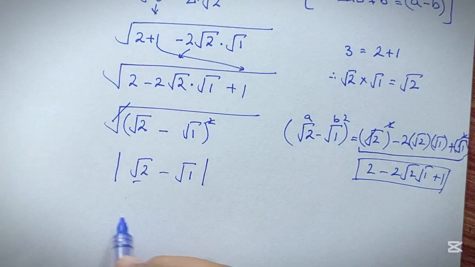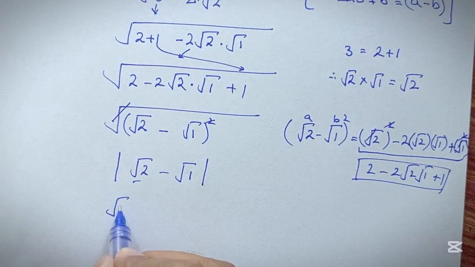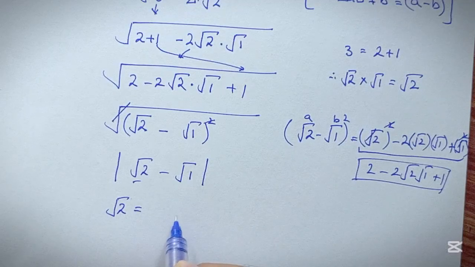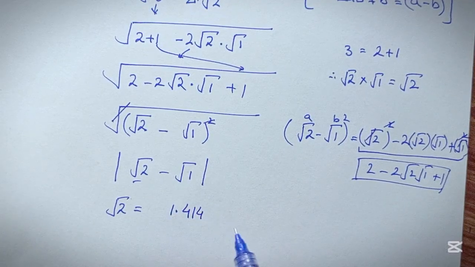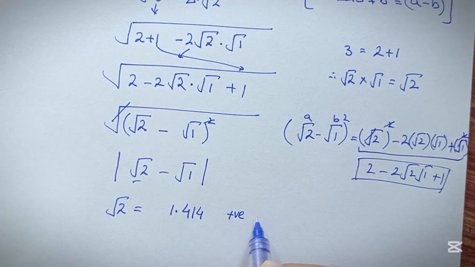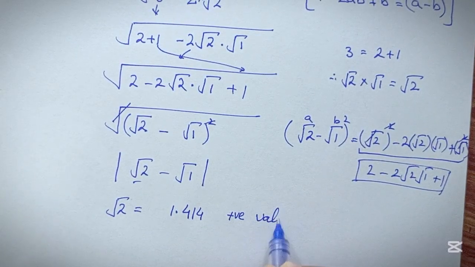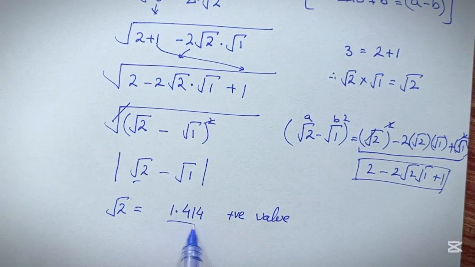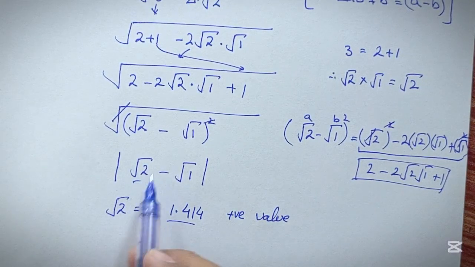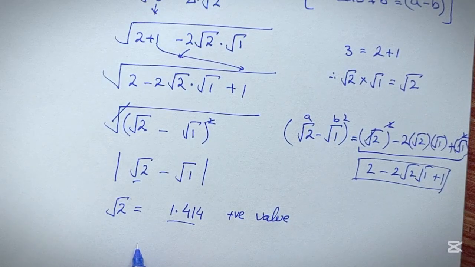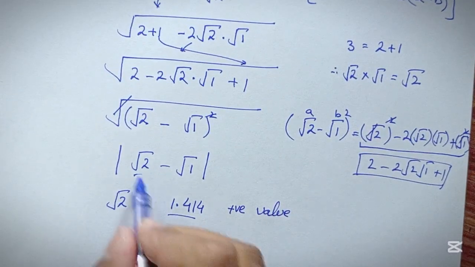As we know, under root of 2 equals 1.414, which is a positive value. Hence, under root of 2 minus 1 is our final and correct answer for the question stated above.